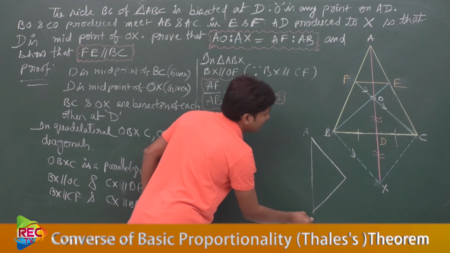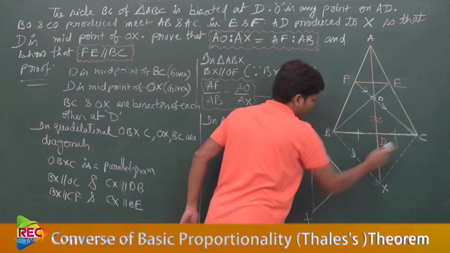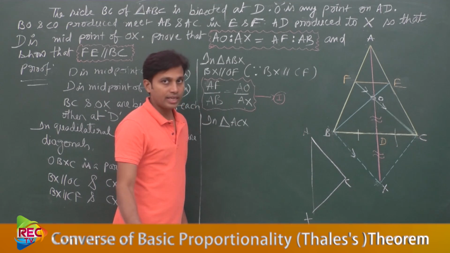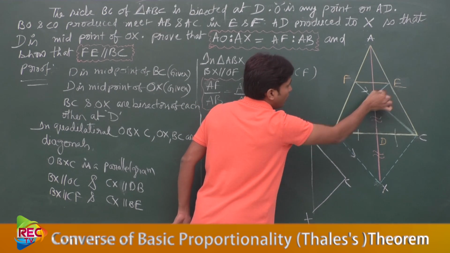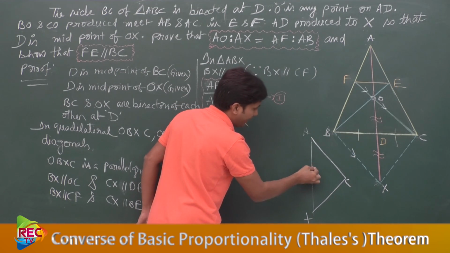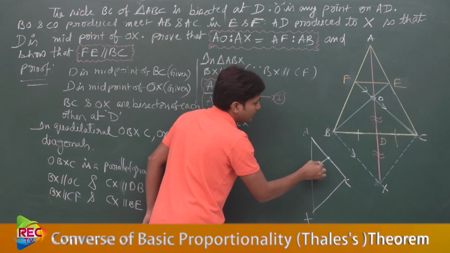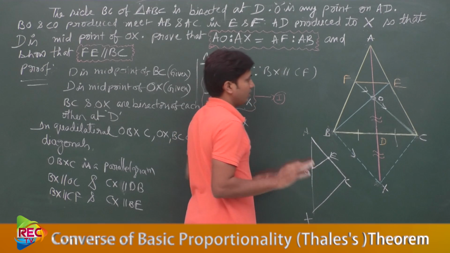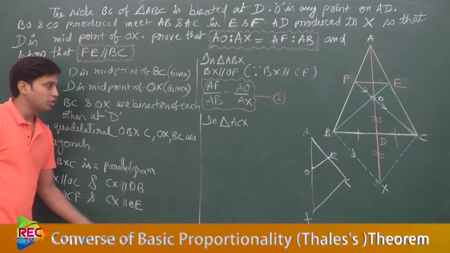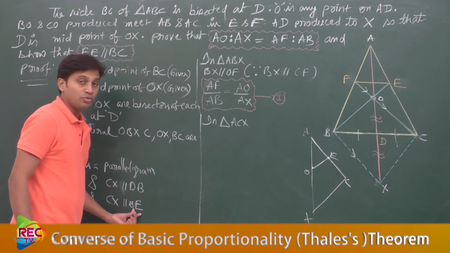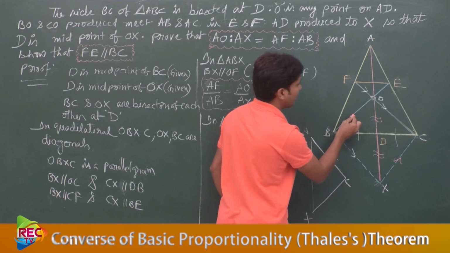This is A, this is C, this is X. Now consider OE. This is O and E. So on AX one point is O and on AC one point is E. Now this is OE. Now coming to this condition. Here we said that CX is parallel to BE. What is CX here? This is CX, which is parallel to what?